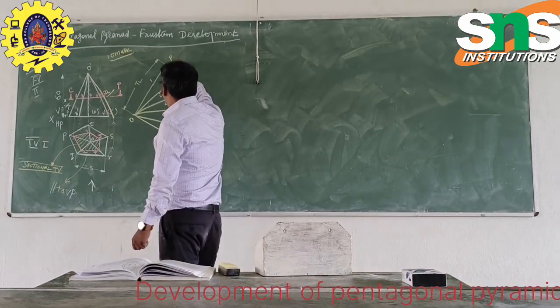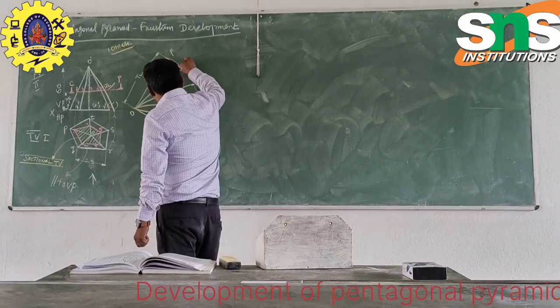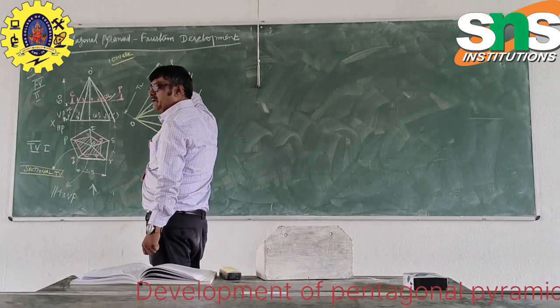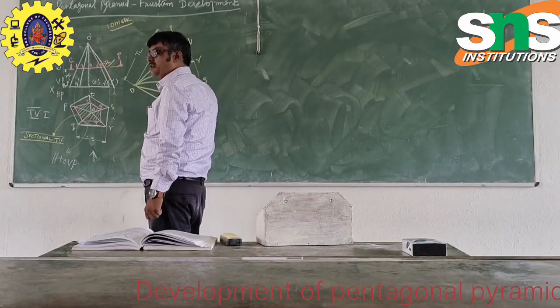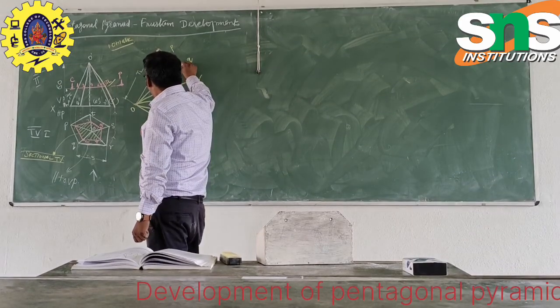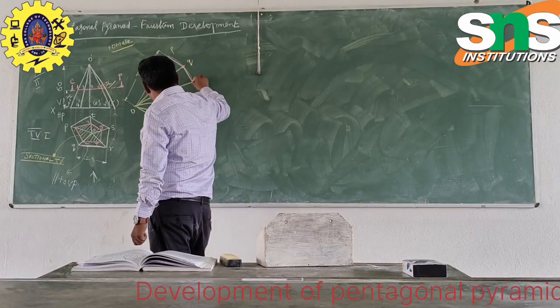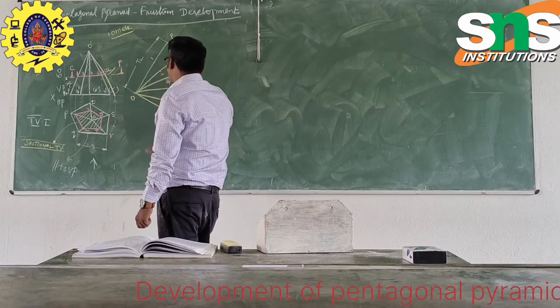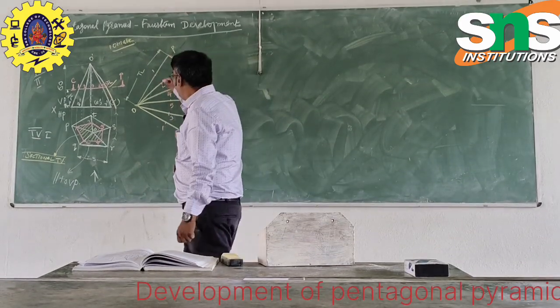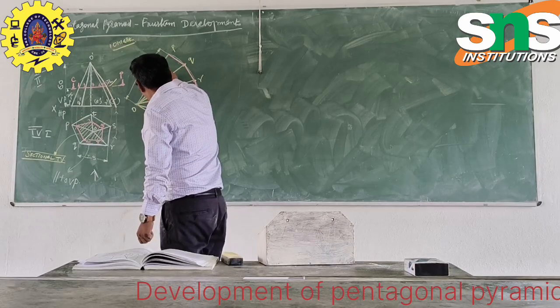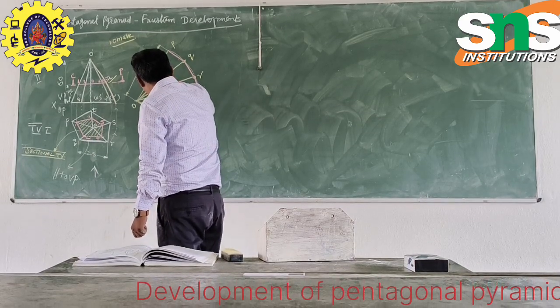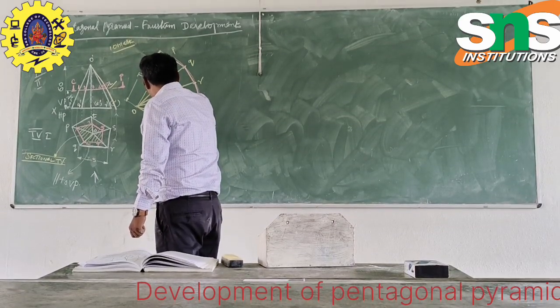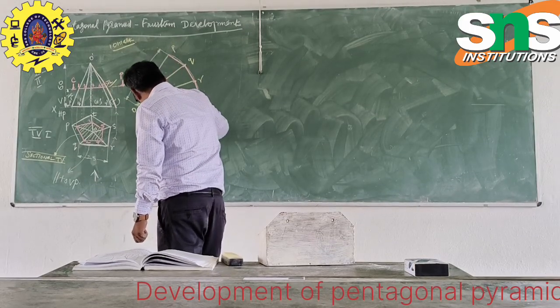And these edges P to Q are not an arc. For drawing purposes we have drawn the arc. The edges are straight lines like this. You can use your mini drafter and draw like this. And again 1 to 2 a line, and 2 to 4, 4 to 5, 5 to 3, and close it.